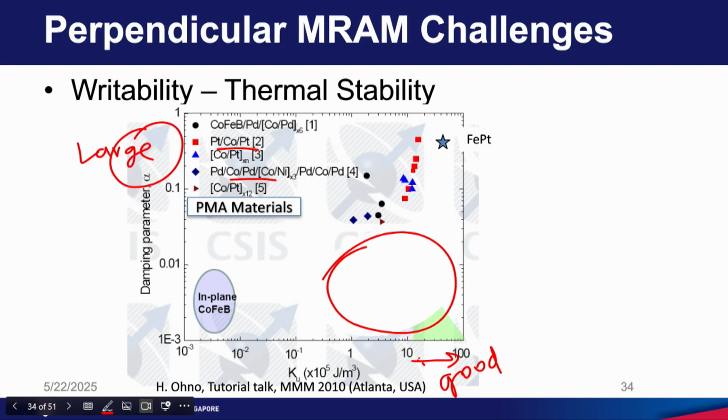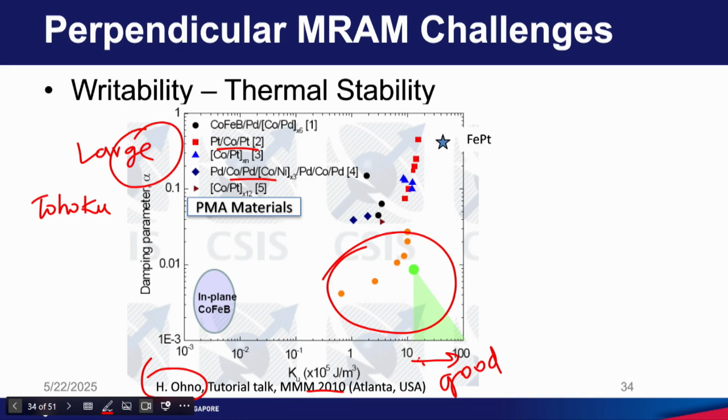Okay. But a breakthrough happened in 2010. So a group from Tohoku University in Japan, the group led by Professor Ono. So they came up with a material which had the desired characteristics.